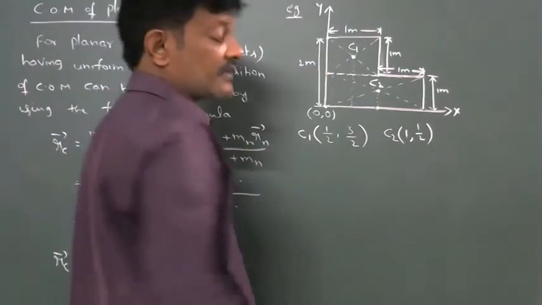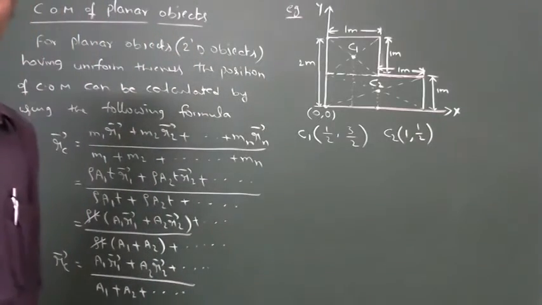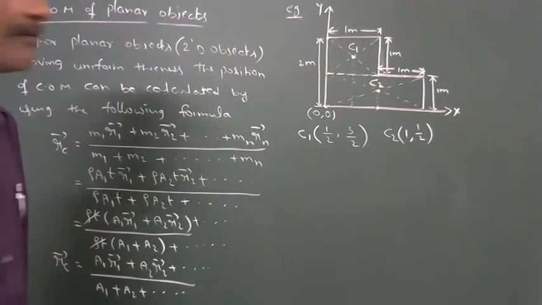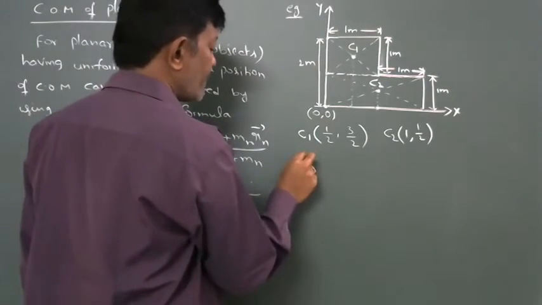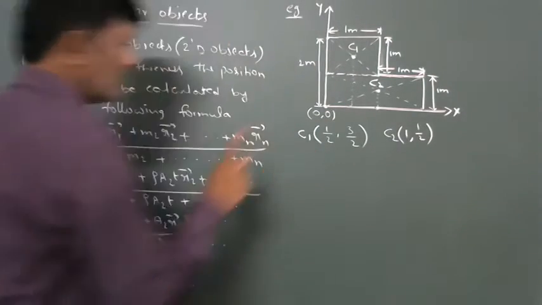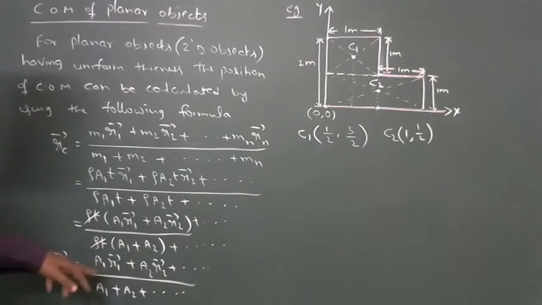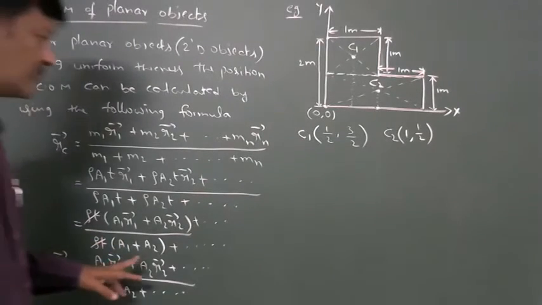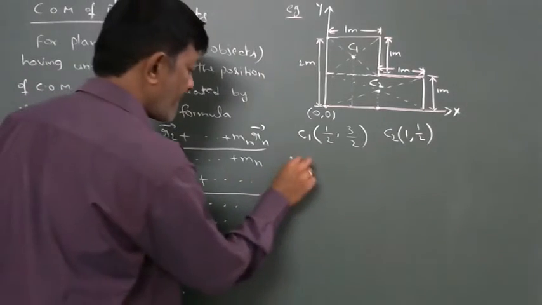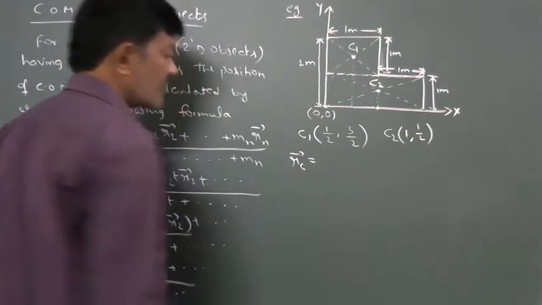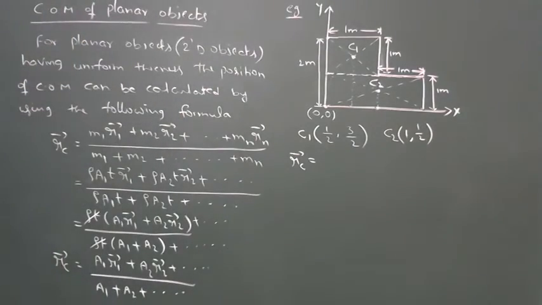Next, mass is proportional to area since thickness is uniform and density is the same. So M1 is proportional to area. Use this formula first. RC bar is equal to A1.